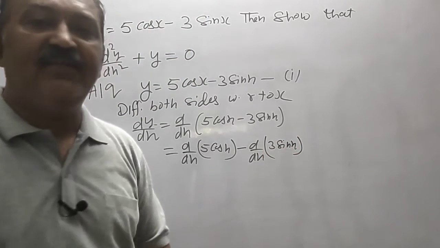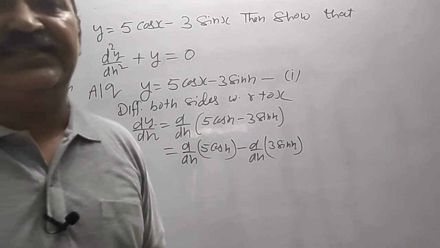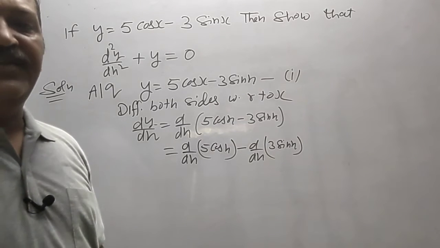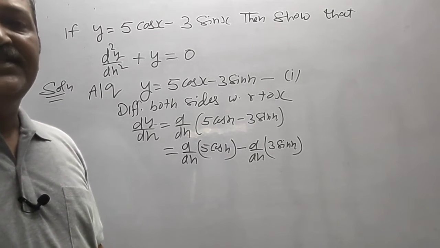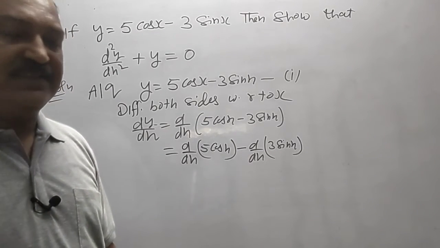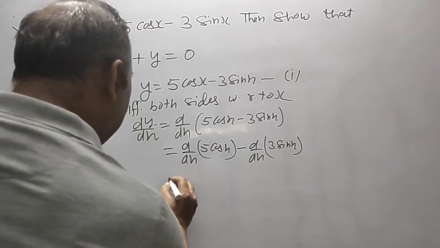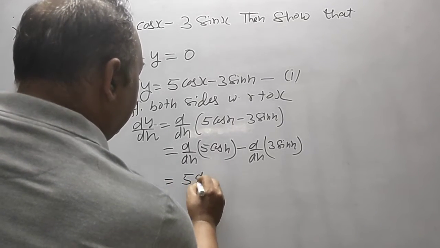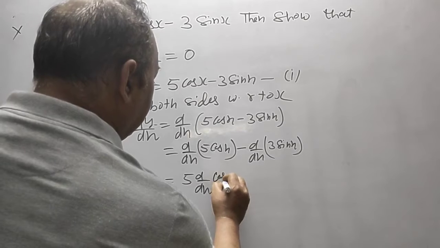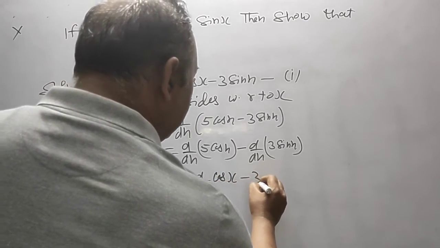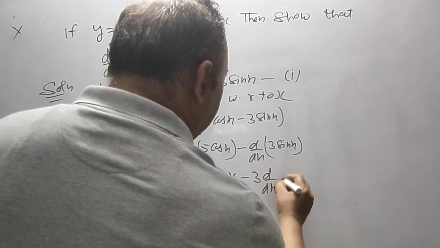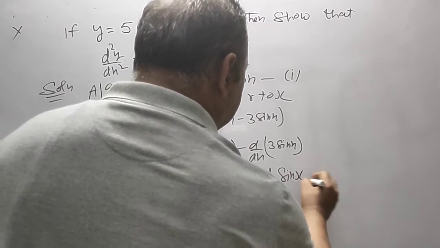Taking 5 outside, d upon dx of cos x, minus taking 3 outside, derivative of sin x.